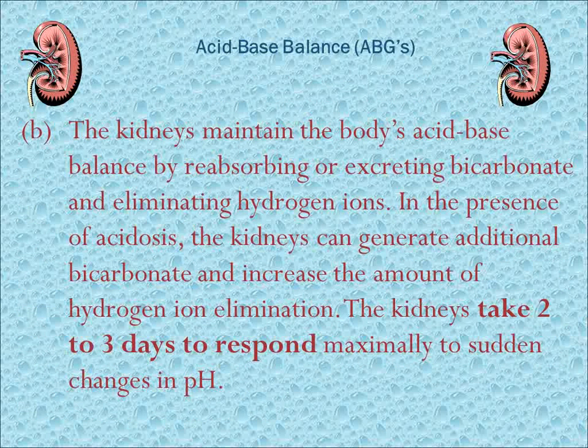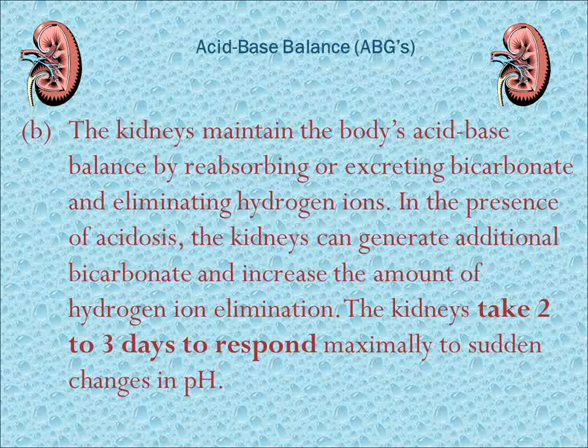Now, what about the kidneys? How do the kidneys work? Well, the kidneys maintain the body's acid-base balance by either reabsorbing or excreting bicarbonate or by eliminating hydrogen ions. Now, let's say there is an acidotic state. The kidney will notice that the bicarbonate to carbonic acid ratio, which is usually at a much higher bicarbonate ratio, usually 20 bicarbonates to 1 carbonic, is off balance, and then the kidneys can also generate additional bicarbonate.